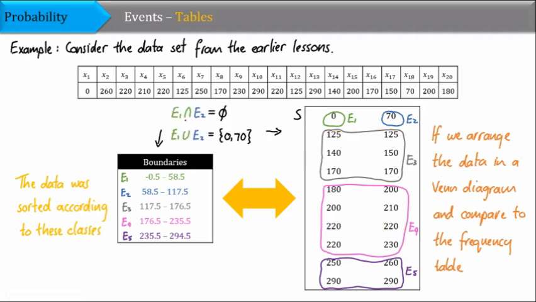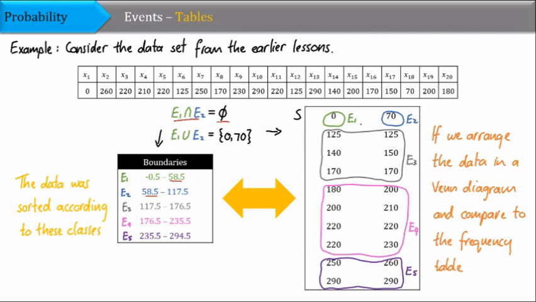So if we look at our operations, E1 intersection E2 will be empty because the event E1 is bounded by 58.5 and E2 has a lower bound of 58.5. So everything in E1 cannot be in E2 and nothing in E2 can be in E1. So there is no intersection there. We can see it over here as well. This is E1 and E2, there's nothing being shared.